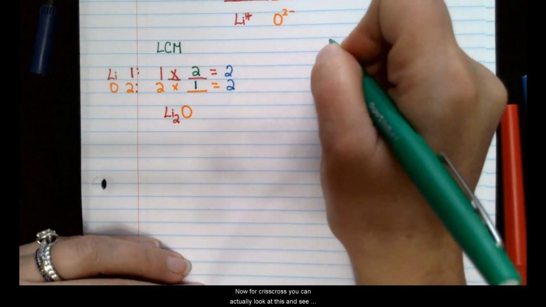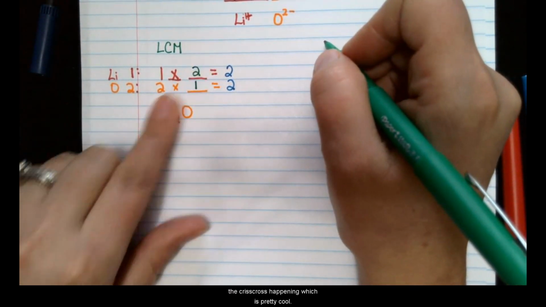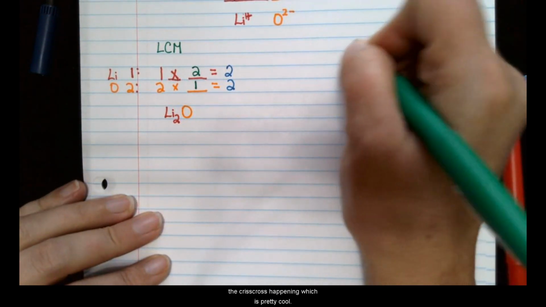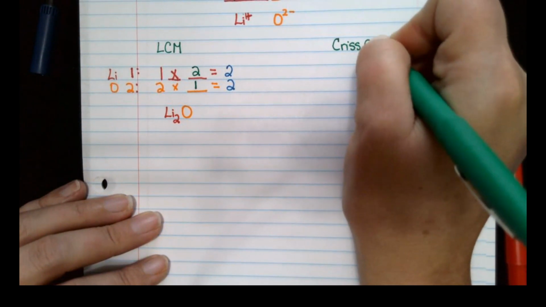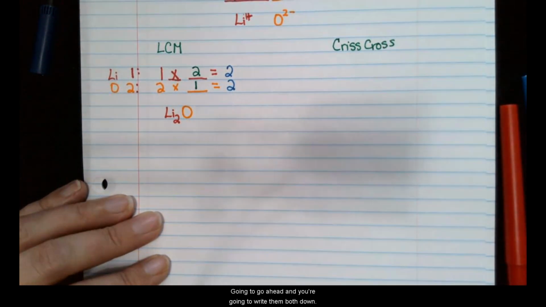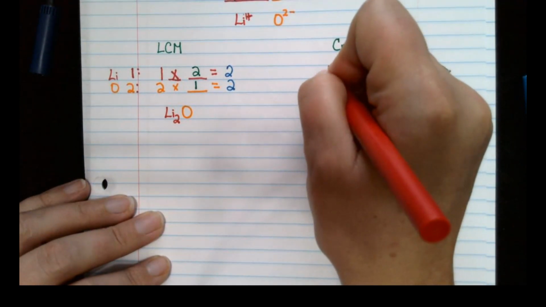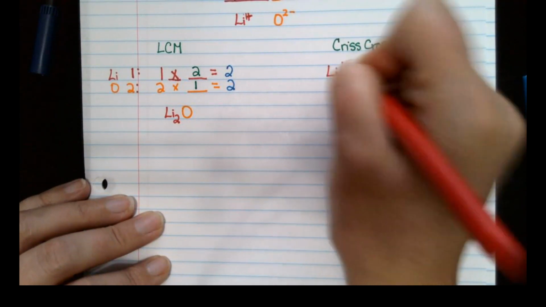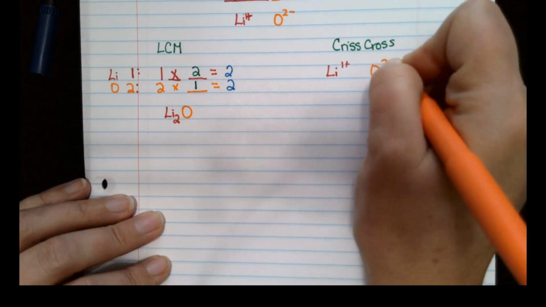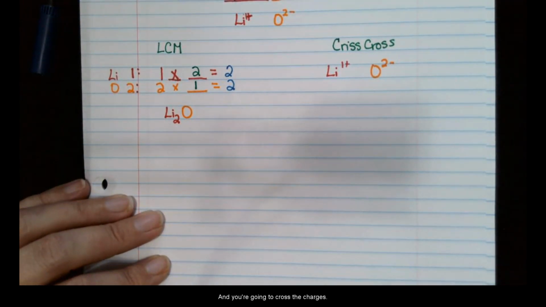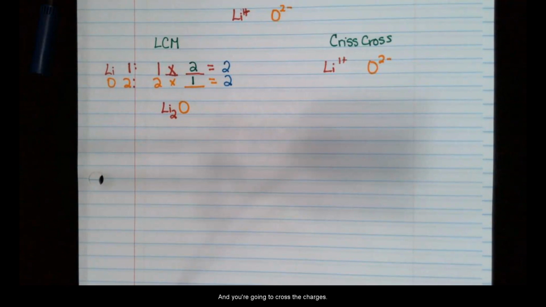Now, for Criss-Cross, you can actually look at this and see the Criss-Cross happening, which is pretty cool. You're going to go ahead and write them both down. Li1+, O2-, and you're going to cross the charges.